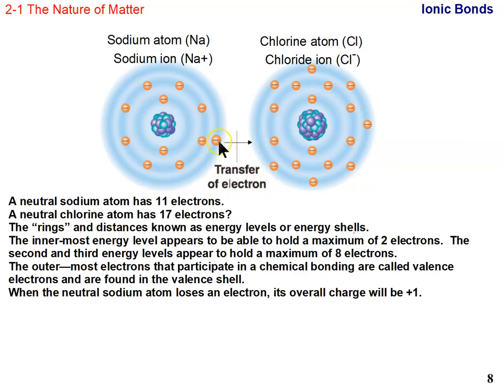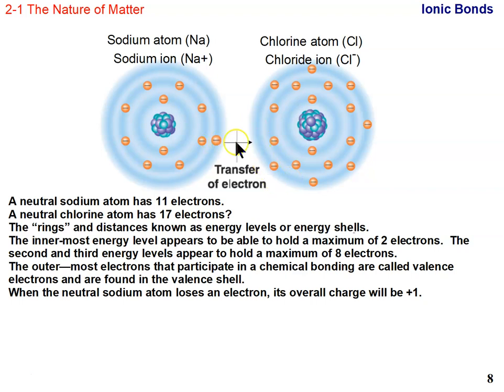That outer valence electron, that one lone third energy level valence electron in sodium, when sodium and chlorine get close together, that electron will be transferred from sodium to chlorine. In other words, chlorine will take it for itself and put it into its outer energy level, making its valence shell have 8 electrons.